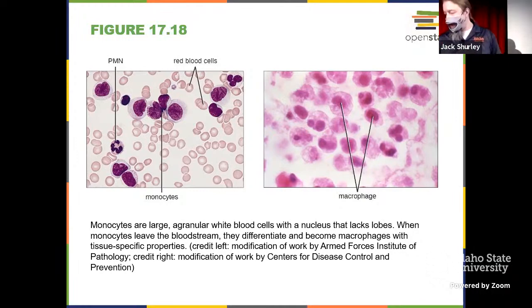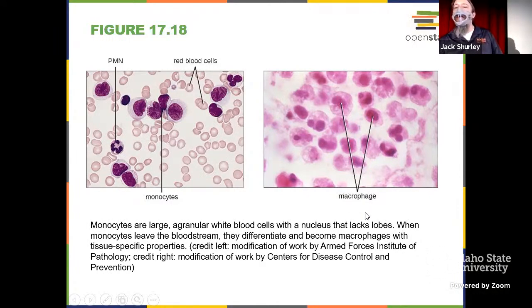There's a table in the text. I'm not going to switch out of this to show the table, but it basically lists off some of the differentiated macrophages. You don't need to worry about that. Just recognize in different body sites, they may have different names, but still macrophages.